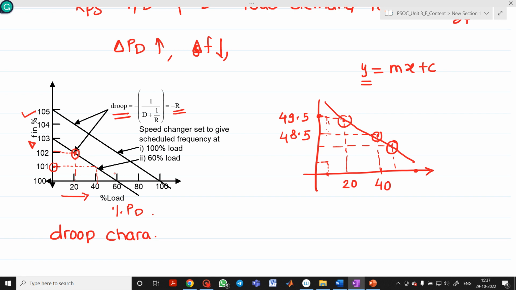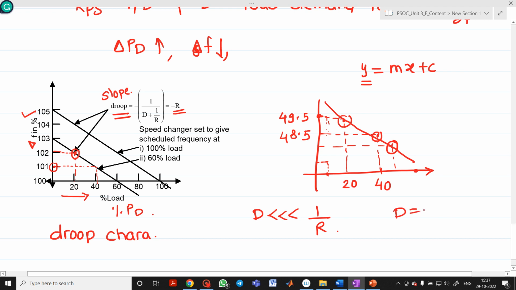As the load increases, there will be a change in the frequency, and the droop, another name for which is the slope, is -1 upon D plus 1 by R. Now the power system parameter, the damping factor D, is generally much smaller compared to the regulation.